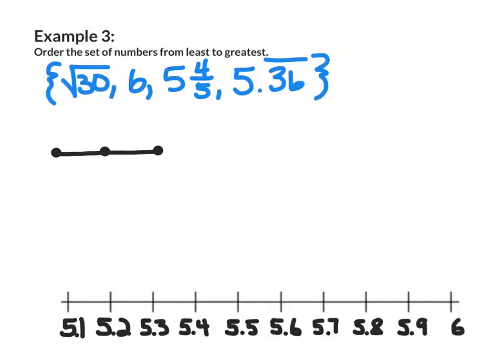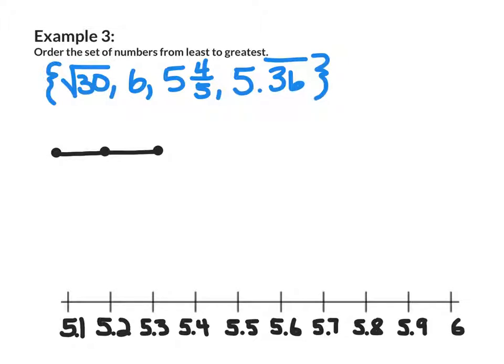Example number 3. Order the set of numbers from least to greatest. In order to order these, it would be helpful to convert these to a decimal and then place them on the number line. That way we can see which one is the least and which one is the greatest. I'm going to start off with the square root of 30. I know I need to estimate, so I'm going to use a number line.